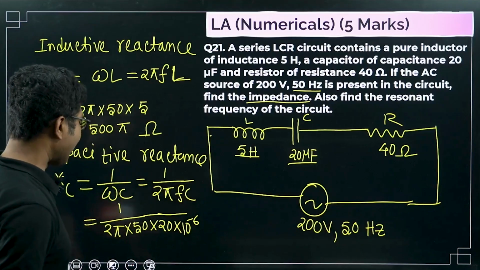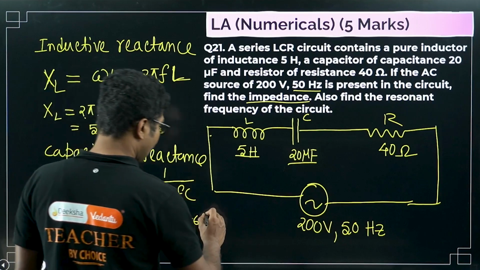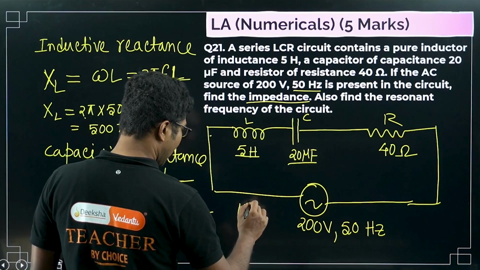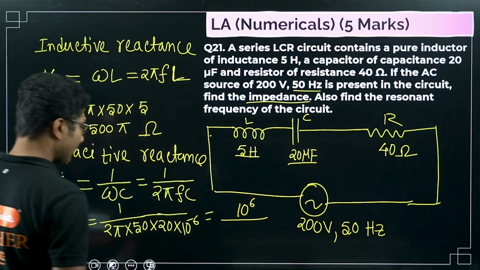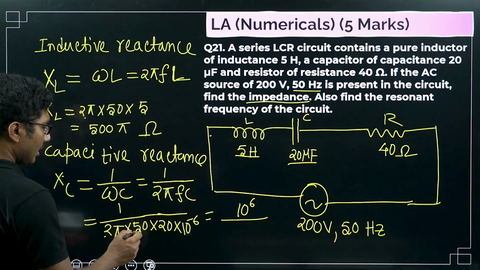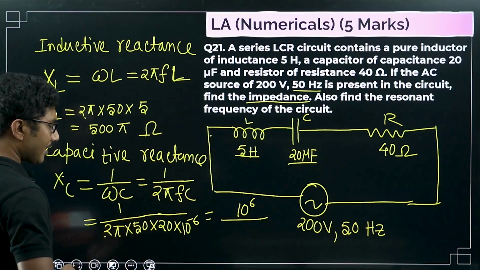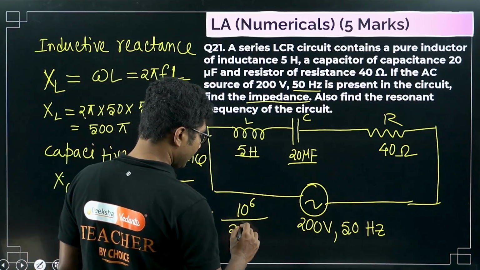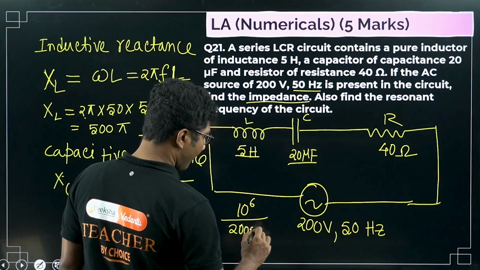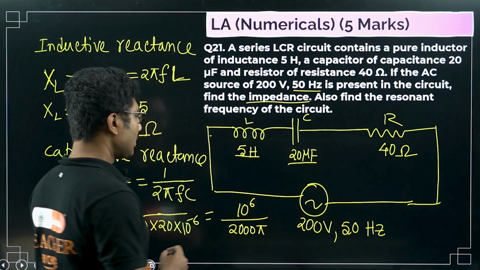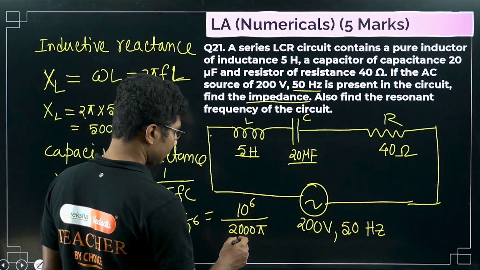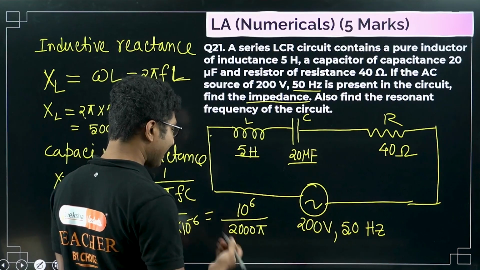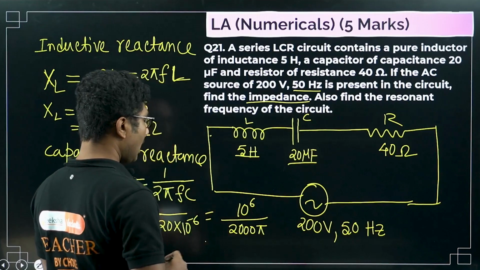Now let's see, this 10 to the power of minus 6 will go up and become positive. In the denominator, 2 pi times 50 is 100 pi, 100 pi times 20 is 2000 pi. So it will be 10 to the power 3, and this will be 500 divided by pi. How is it so?